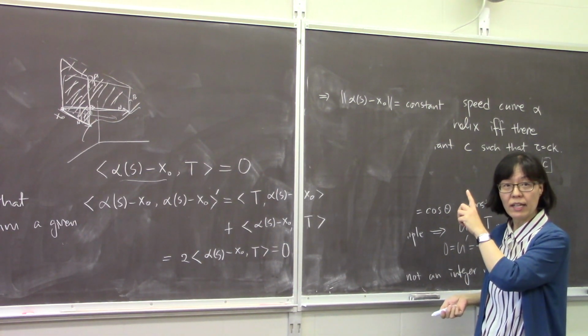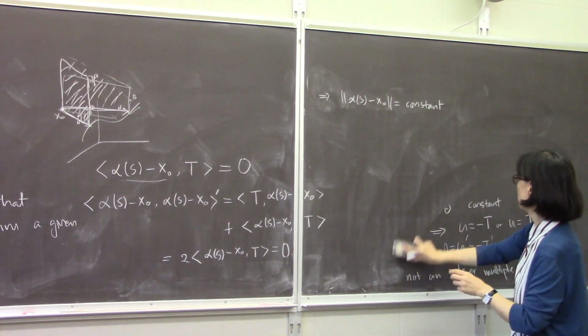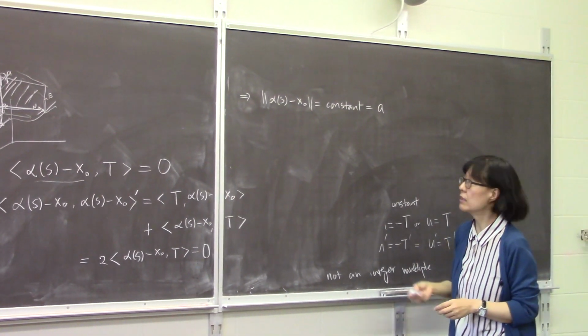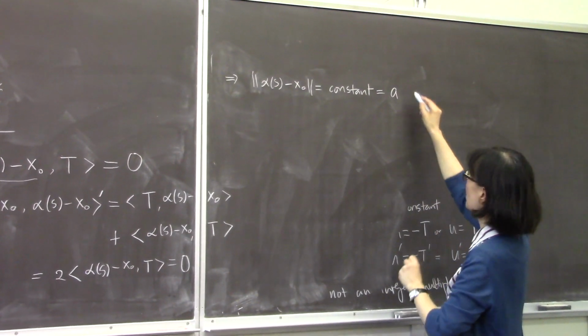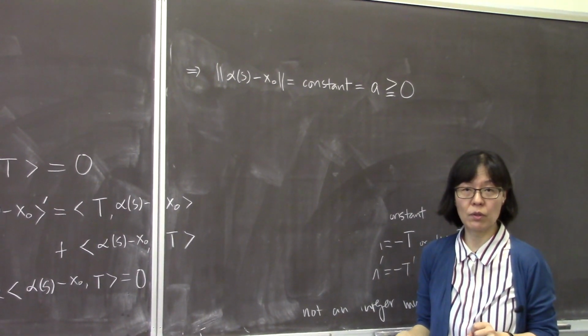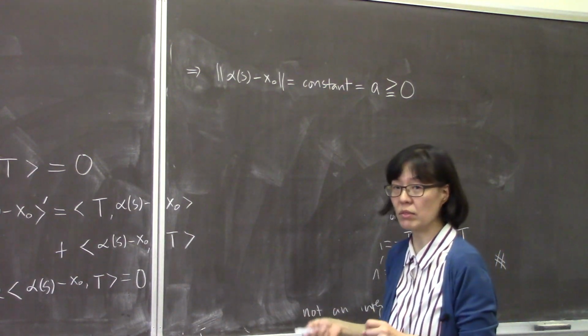Is that okay? So constant, we can put this one as A. So this is constant, but this is the magnitude of the length of this vector. So it's bigger than or equal to 0. It's a positive constant or equal to 0.